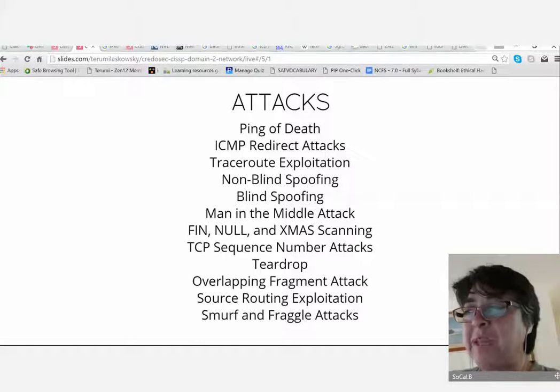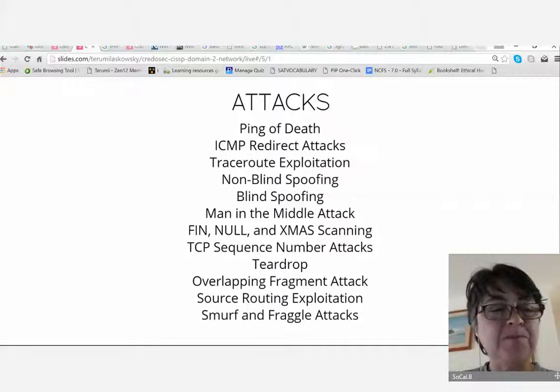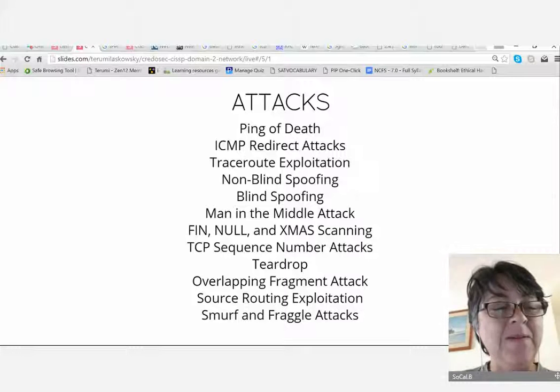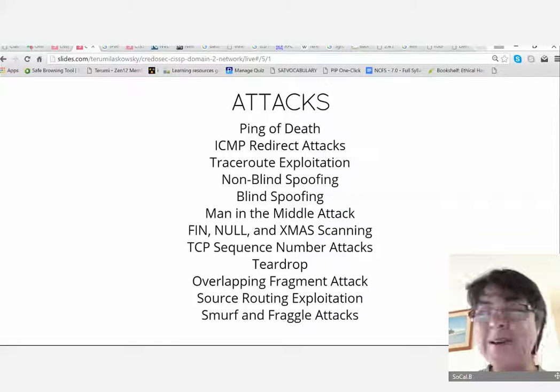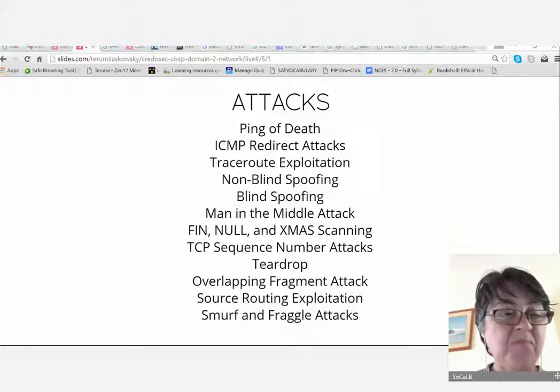The next one is source routing exploitation. So who knows what source routing is? CCNA, CCNP, what is source routing?